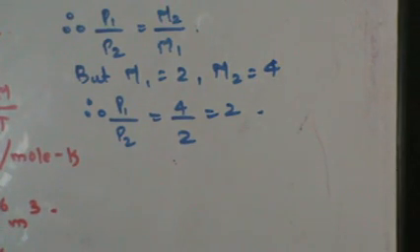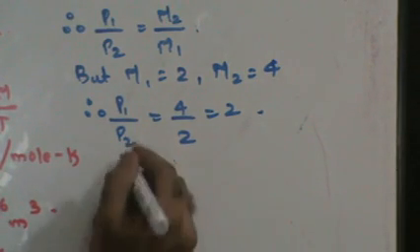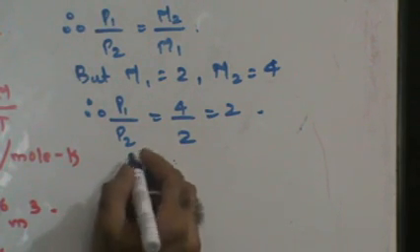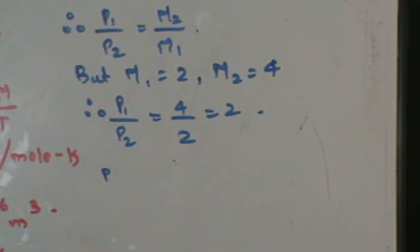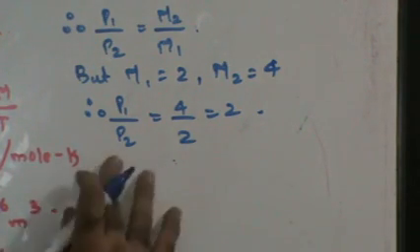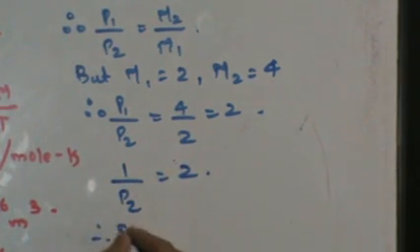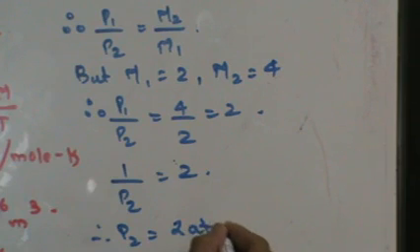But I presume P1 is given to you as 1 atmosphere. So I can say 1 upon P2 is equal to 2, therefore P2 will be 2 atmosphere. So the pressure exerted by helium will be 2 atmosphere.